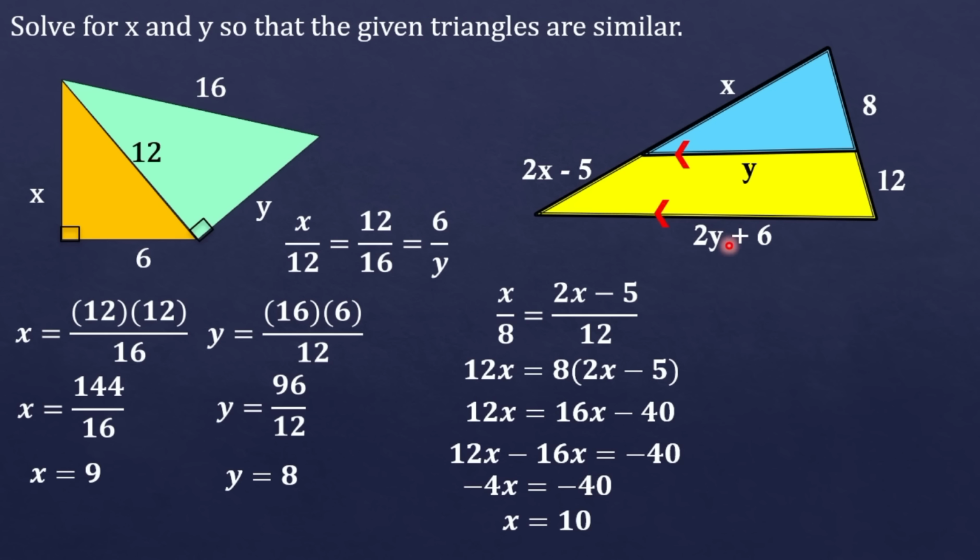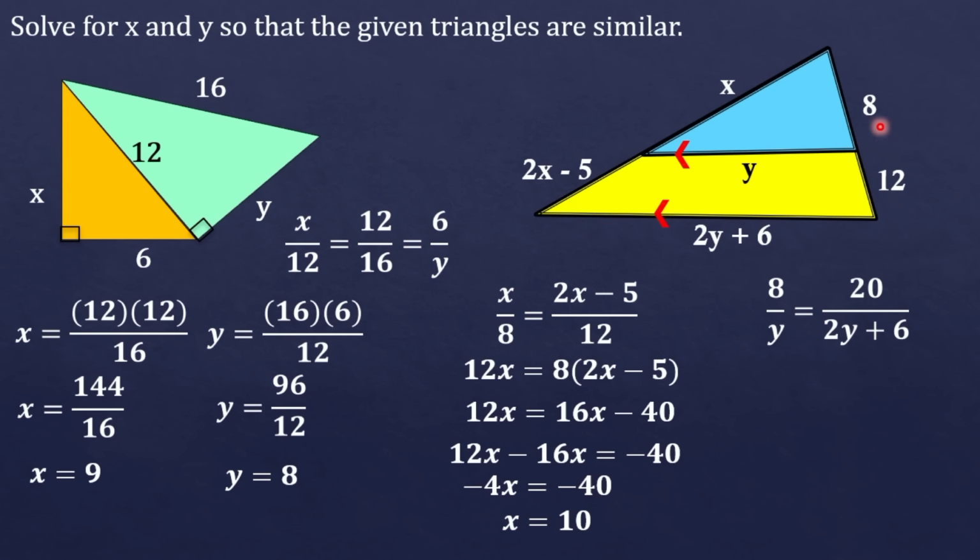And then, para ma-solve natin si y, we can make use of the proportion 8 over y. And then, ito po, 20 over 2y plus 6. Okay? So, laging sa smaller triangle and then sa bigger triangle.